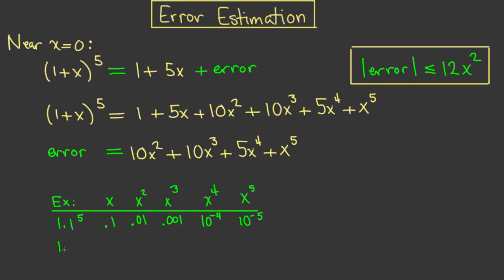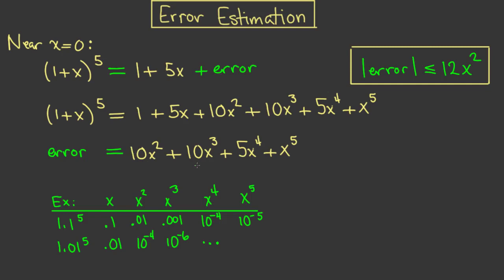If I'm looking at 1.01 to the 5th, then x is 1/100th, x squared is already 1/10,000th, and x cubed is 1/1,000,000th. So these higher powers are more negligible the closer we are to 0. And the only term that has much of an effect is this leading term. This is the dominant term of the error function.